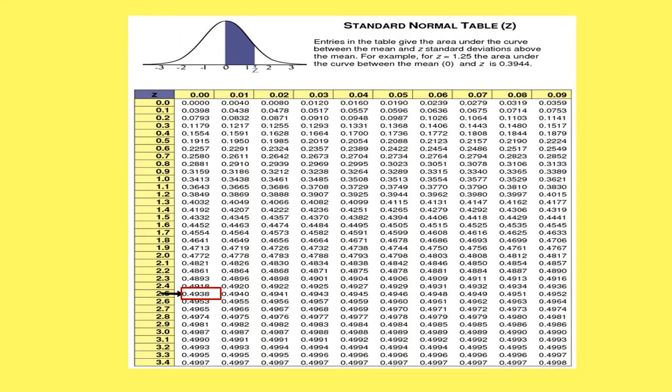Then we can easily get the minus 2.5 value. The sign is never mind, you have to get the 2.5. The value for the 2.5 Z-score is 0.4938 probability. That is the area under the curve from 0 to 2.5.